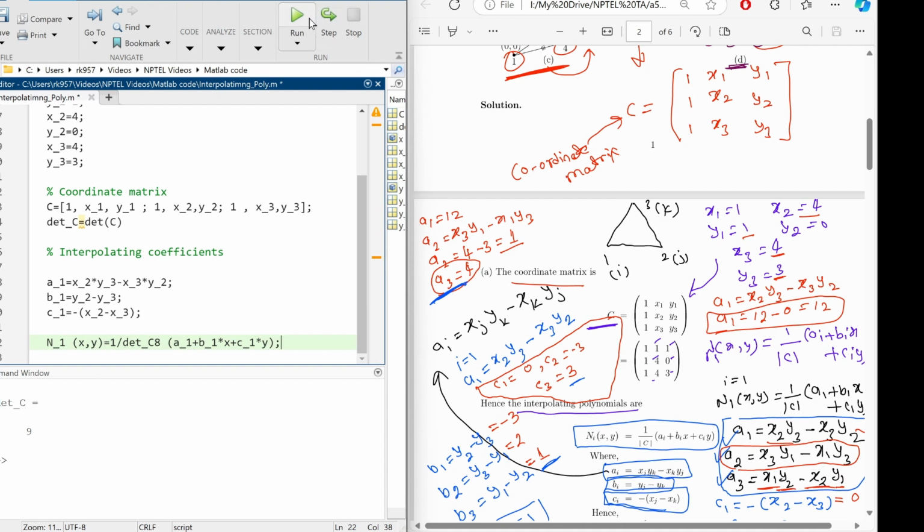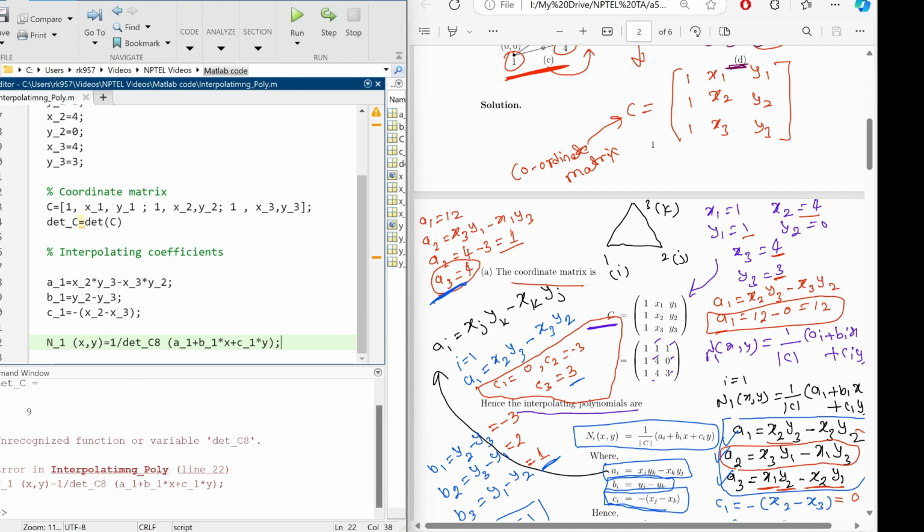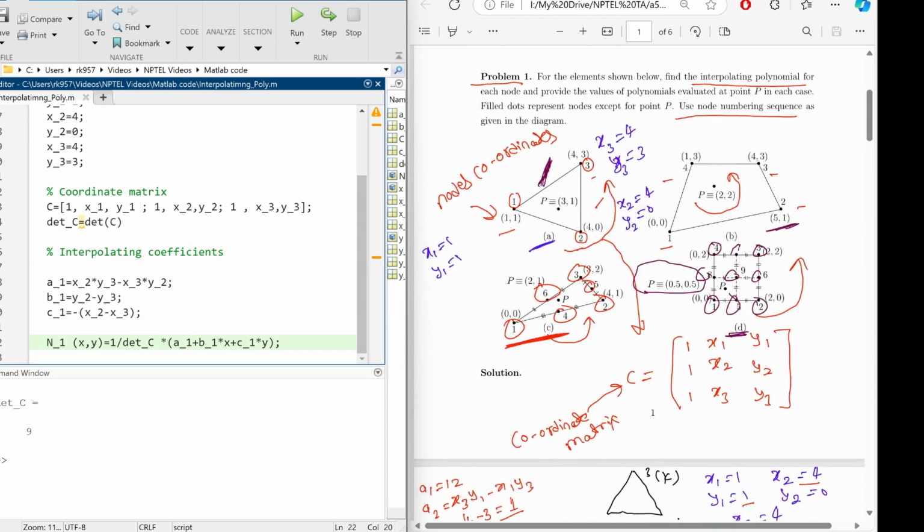Let's run and see what we are getting. So now we want to find N1 at 3 comma 1. So I will write here 3 comma 1 and I will print. I want to see how much we are getting.